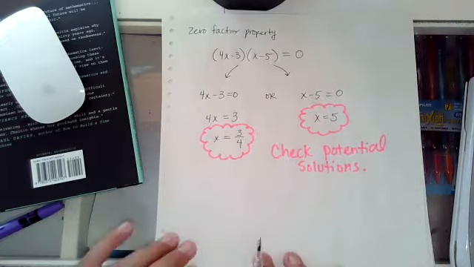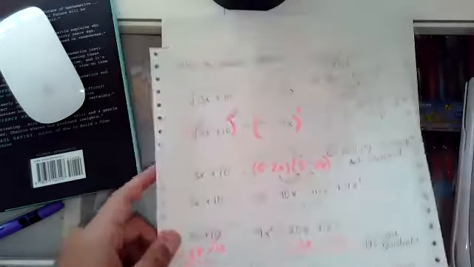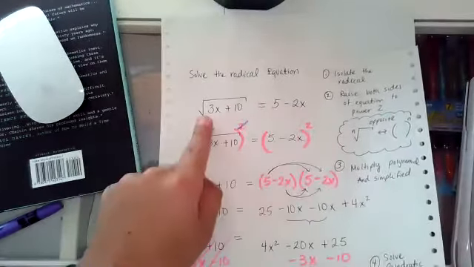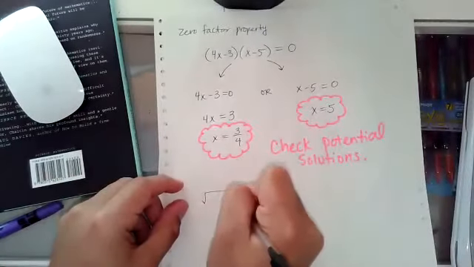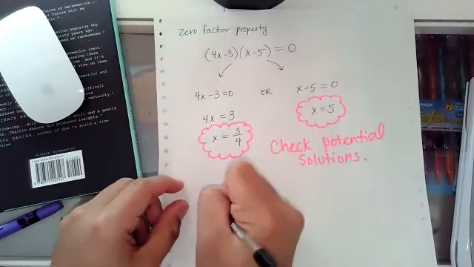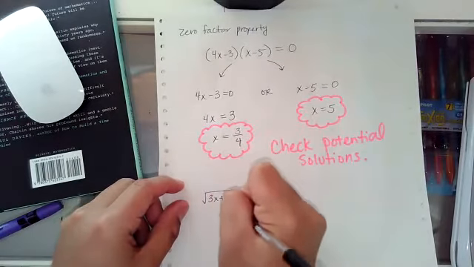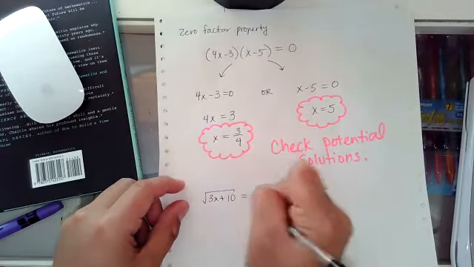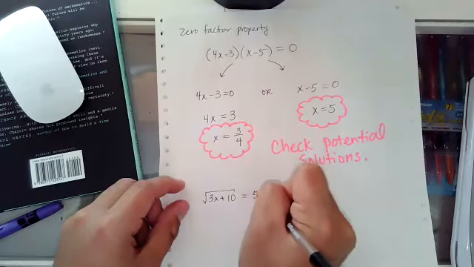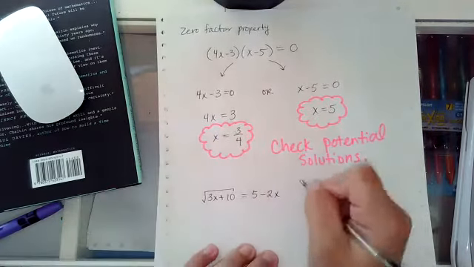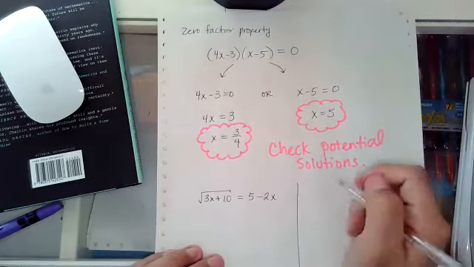So when we check those solutions, we have to go back to the original equation and plug them in. So we have the square root of 3x plus 10 is equal to 5 minus 2x. And we have to do this twice.